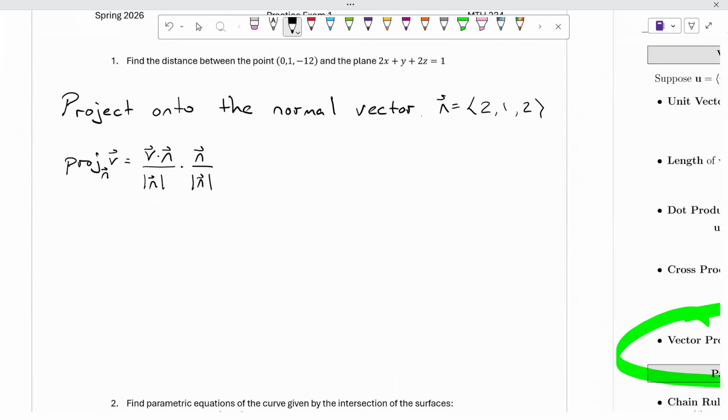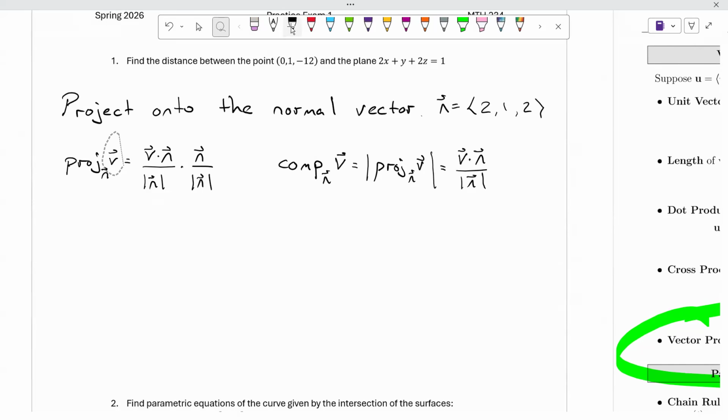But we only need the component of v in the direction of n, which again would be the magnitude of that projection, which is just going to be v dot n over magnitude n.